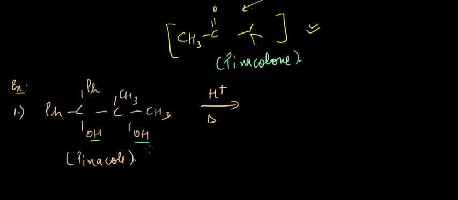Okay, so what will happen is we'll get a positive charge here. Okay, so this H plus can be attacked either by this oxygen atom or by that oxygen atom. So on which oxygen atom should we attack our H plus, which would form a more stable intermediate?